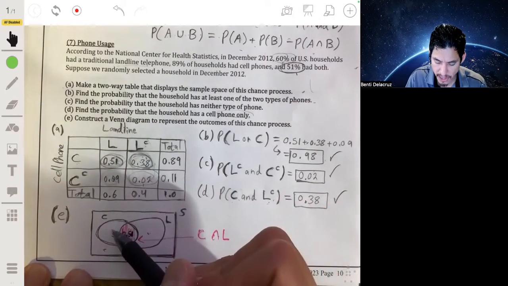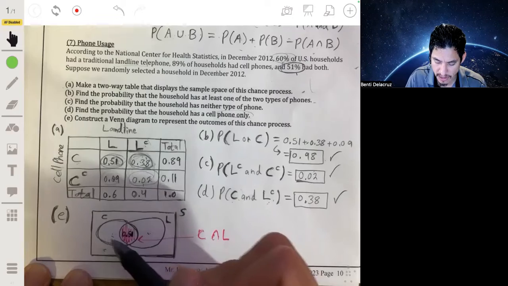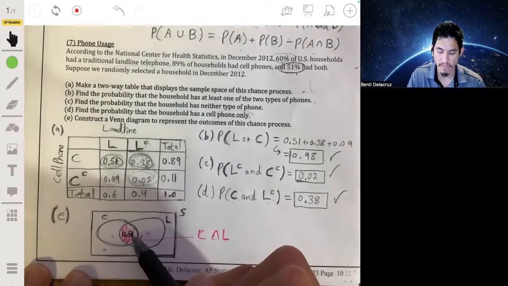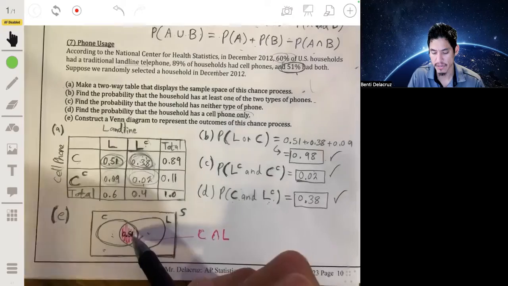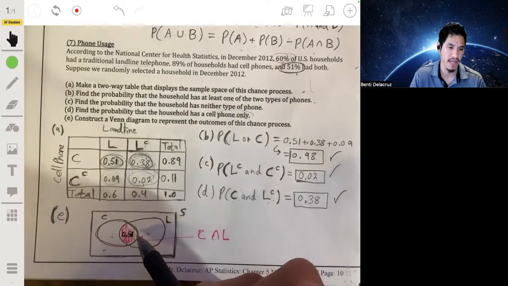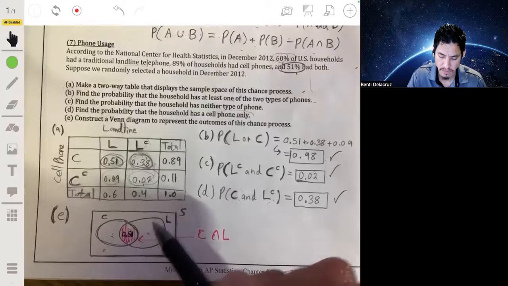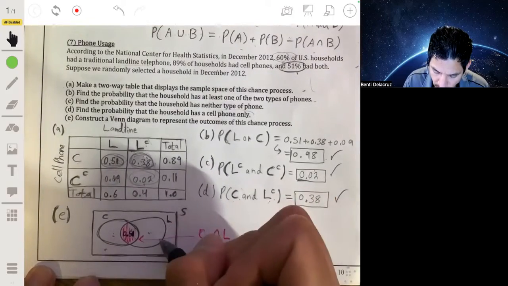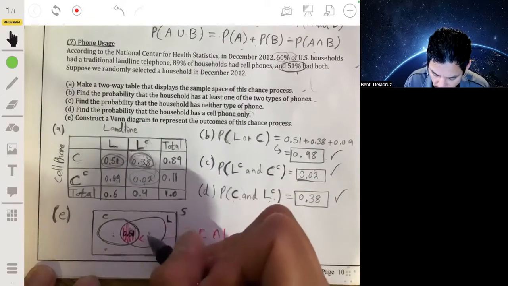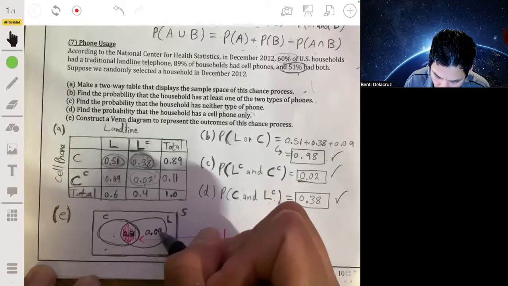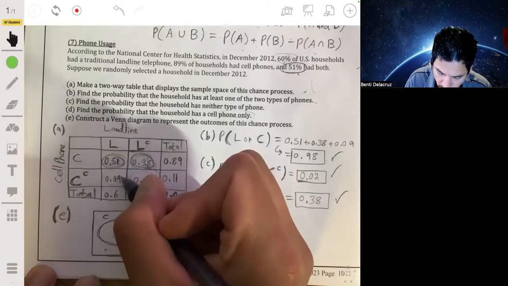And then you write in here what counts as a cell phone but is not also a landline, and in here the landline but not the cell phone. So the landline adds up to 0.6. We know there has to then be 0.09 here, which is this part right here.